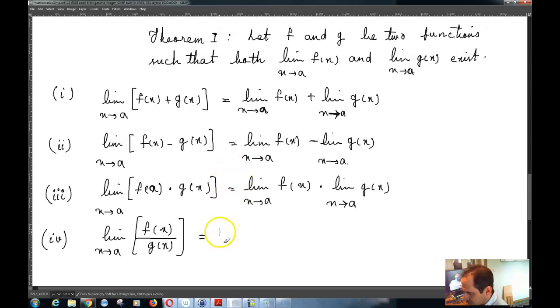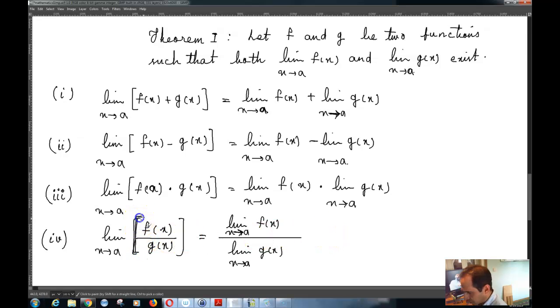Is the quotient of the limits of the two functions, meaning the limit of f of x as x tends to a over the limit of g of x as x tends to a, whenever the denominator is non-zero.